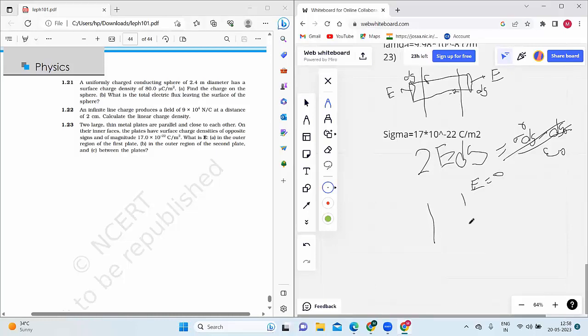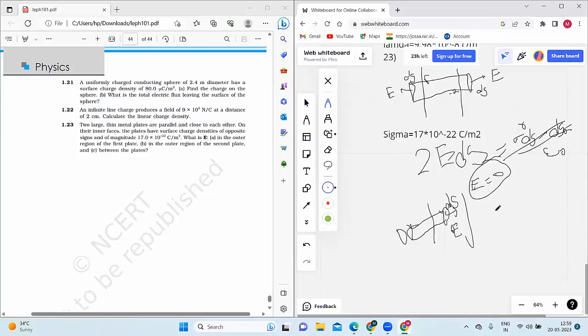Let's take the field inside. Now let's take the Gaussian surface at this part, and here the electric field is E. The area inside the other face is 0, and we found that the electric field is 0 outside the plate, so the electric field there will be 0.